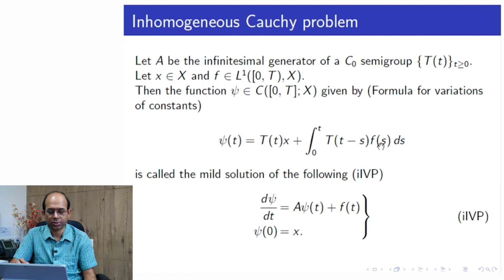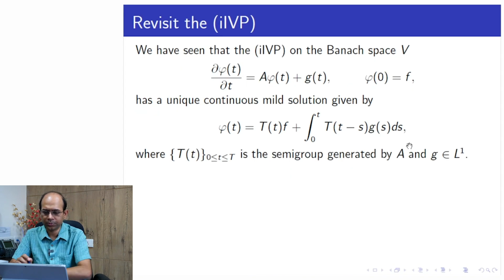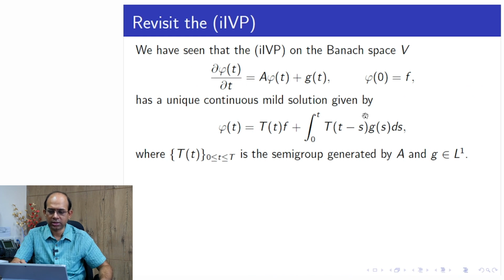Okay, f appears from here, so we are doing that thing here: T(t − s)g(s). The g is here and the initial value is here. This is borrowed from the earlier lecture, just the last lecture, where T(t) is the semigroup generated by A, and this g should be in L1, otherwise this integration may not make sense.